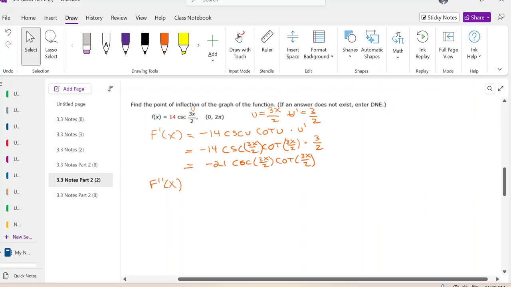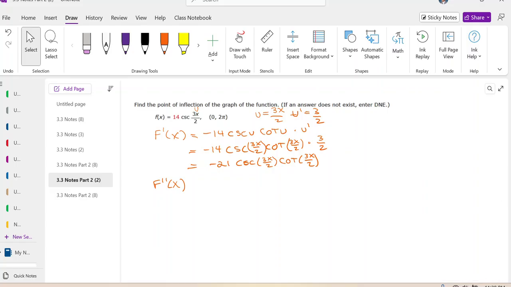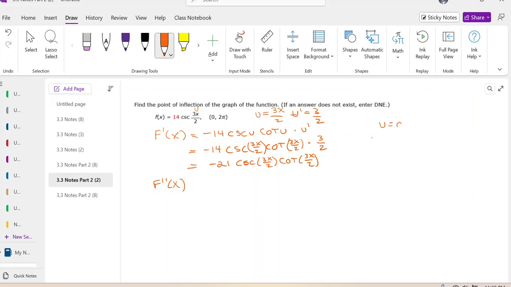So this is where we get, we could do a product rule, right? So u would equal cosecant 3x over 2. U prime is negative cosecant 3x over 2 cotangent 3x over 2.